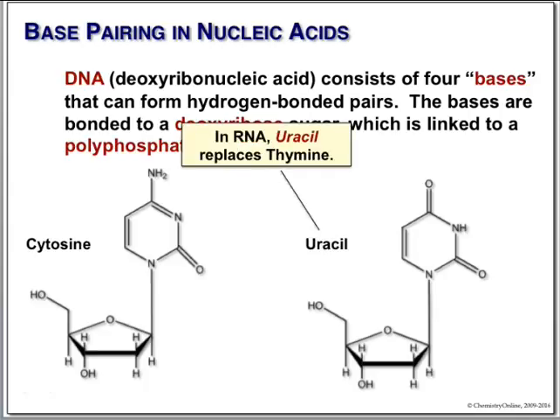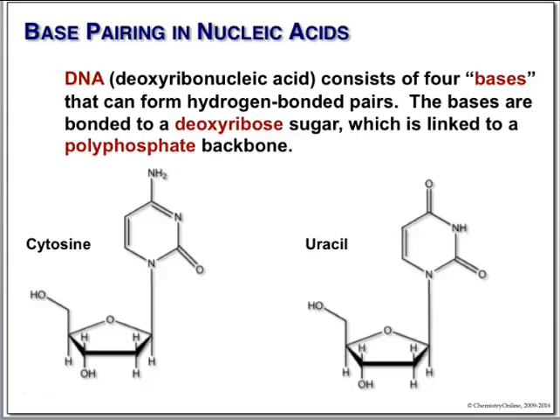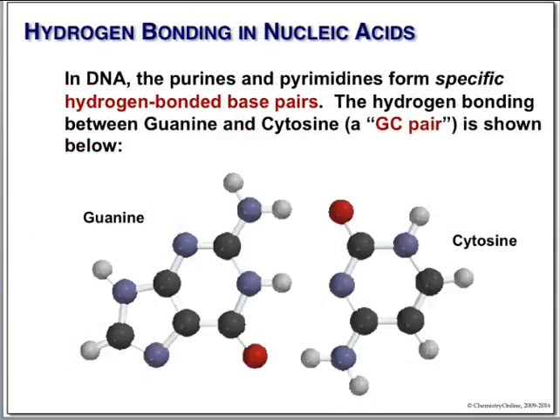What you do is you form basically a polymer among the ribose and phosphate, and then the bases pair up depending on hydrogen bonding.